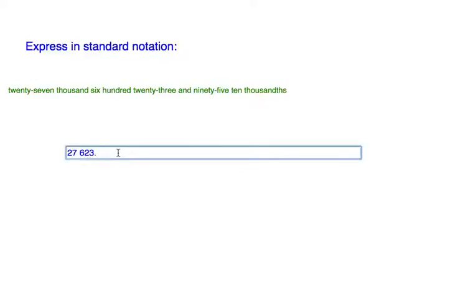But the 5 has to end up in the 10,000ths place. And right now it's in the hundredths. So if I put a 0, the 5 moves into the thousandths. If I put another 0 in front of the 9, the 5 moves into the 10,000ths. So tenths, hundredths, thousandths, and then 10,000ths.